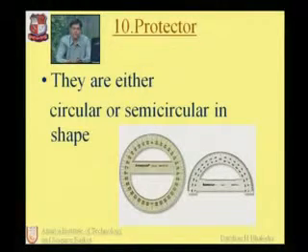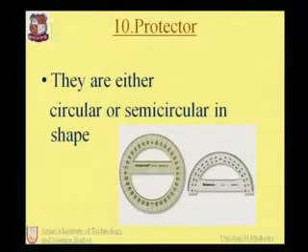The first one is the 360 degree protractor and the second one is the 180 degree protractor. With the 360 degree protractor, we can draw angles from 0 degree to 360 degree while keeping it on one plane, meaning without moving the protractor we can draw very easily. But with the semicircular protractor, it is possible to draw from 0 degree to 180 degree.